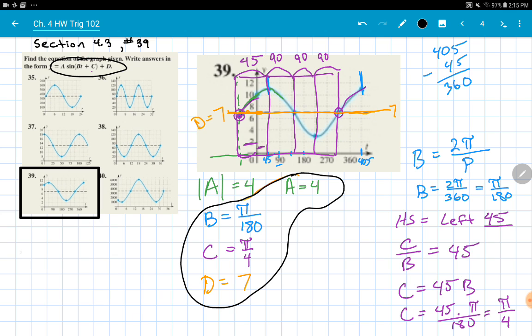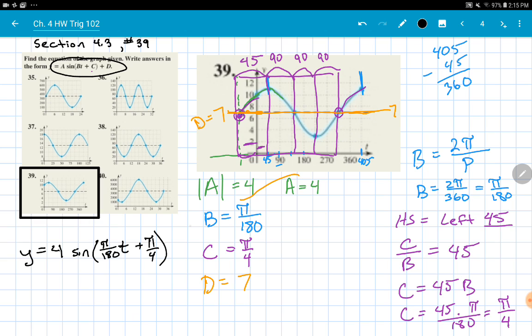I get y equals A is 4 sine of B, which is pi over 180, oh, sorry, not degrees, just 180, t plus C, which was pi over 4, plus D. Yes, that's right.